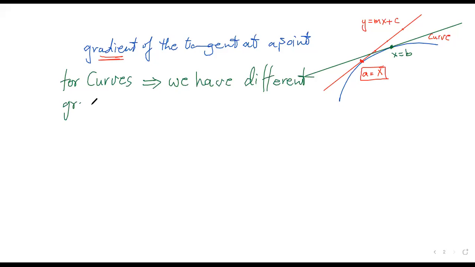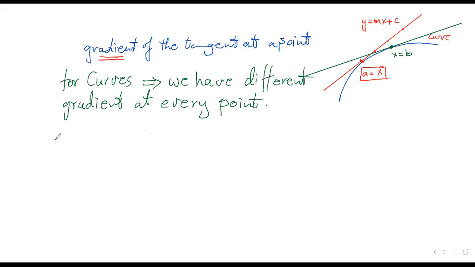The gradient of the curve at x equals b is different from the gradient of the curve at x equals a. It's different from any other point. So the gradient is different from point to point.